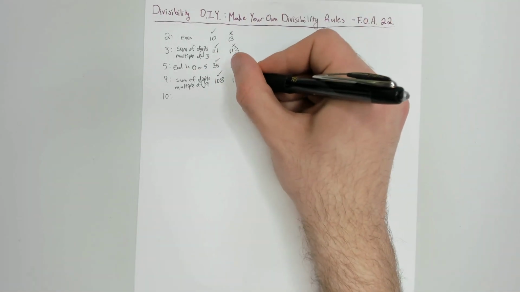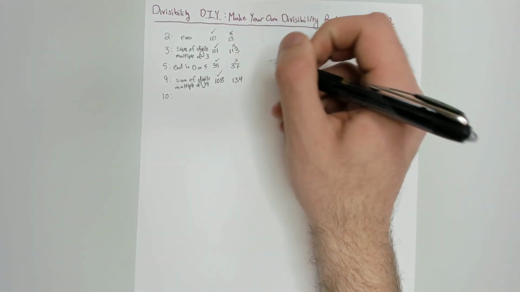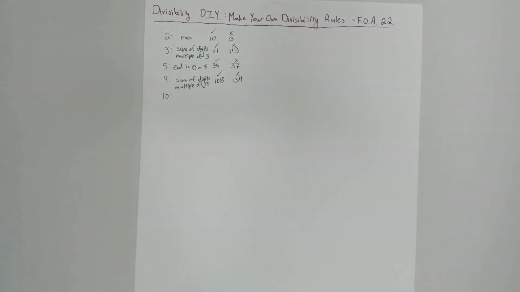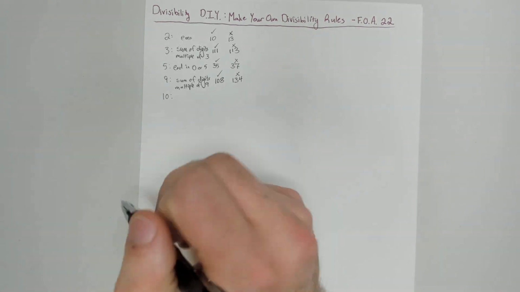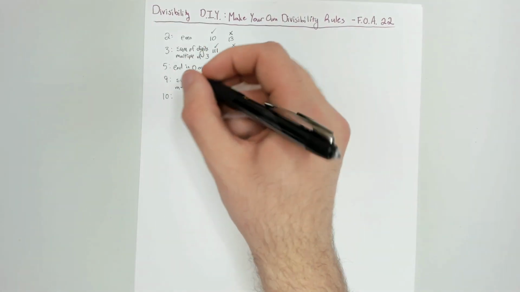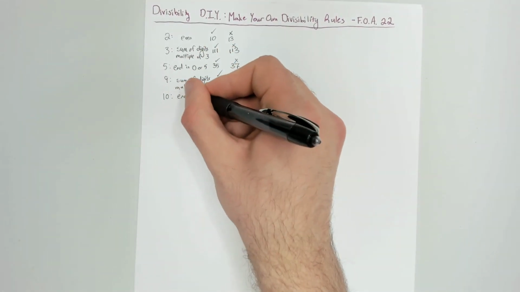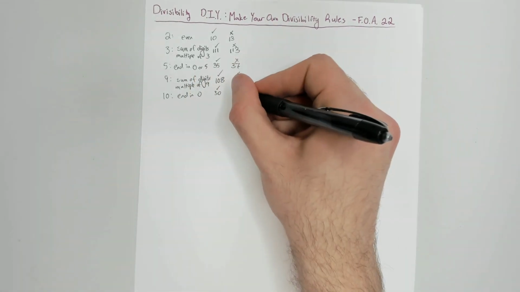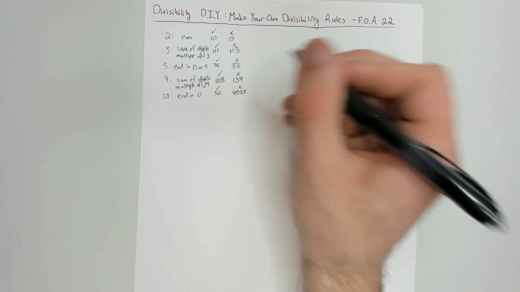But the number 134 would not be since 1 plus 3 plus 4 is 8, which is not a multiple of 9. And lastly, if it was divisible by 10, the number had to end in a 0. So 30 is divisible by 10, but the number 4023 is not since it doesn't end in a 0.